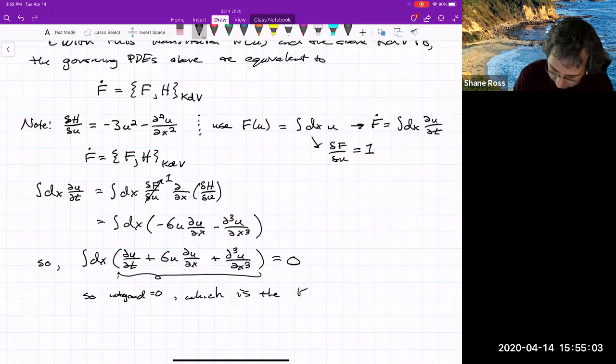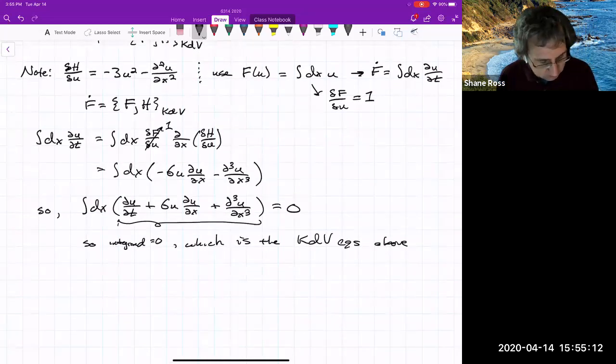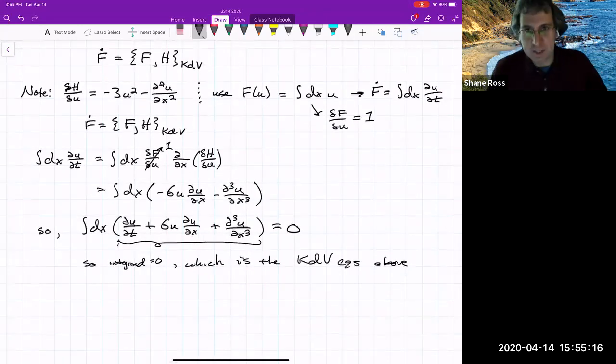And so this is the KdV equation. That was quick. You can verify it. So that is the sense in which the shallow water equations are Hamiltonian.